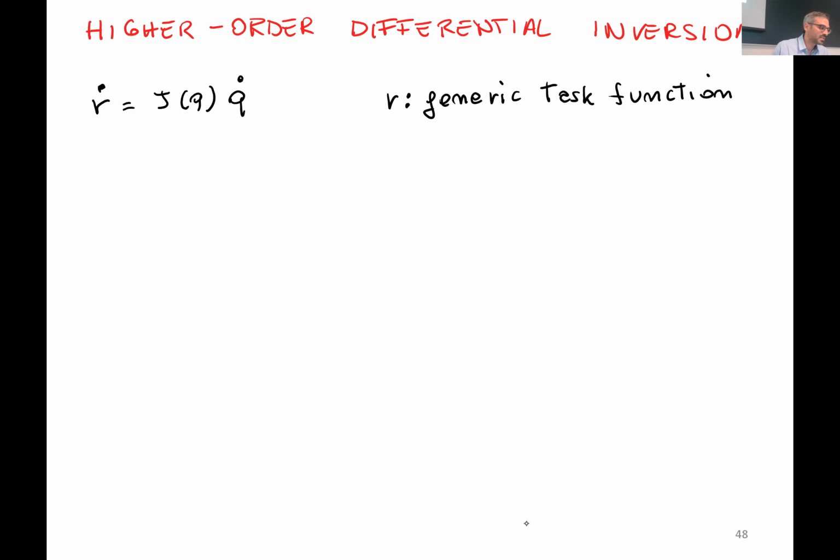So let's think we are defining the generic task function that also includes orientation, doesn't matter. And if we want to extend to the acceleration level, we just take the derivative of this function. Because the Jacobian depends on joint configuration q, we apply the derivative of a product rule, and we get J of q.